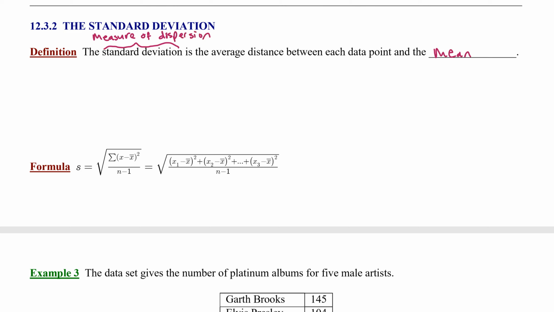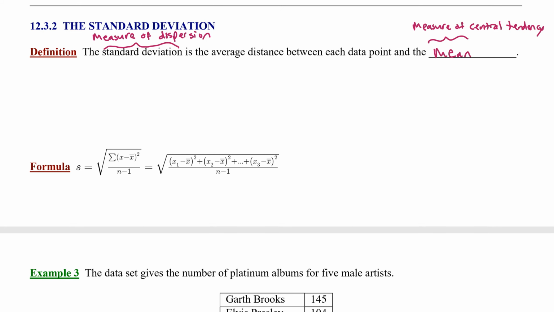And recall that the mean is a measure of central tendency. So when we calculate the standard deviation, we're looking at the average distance between each data point and the mean.